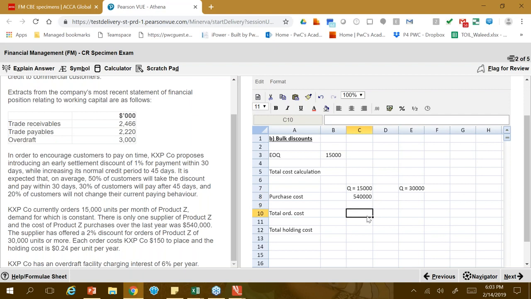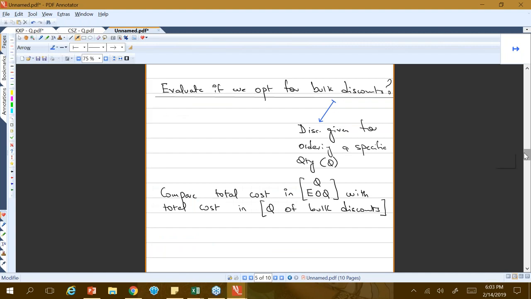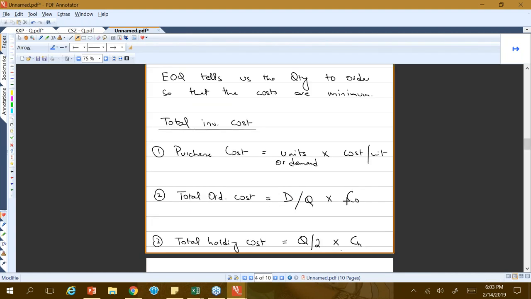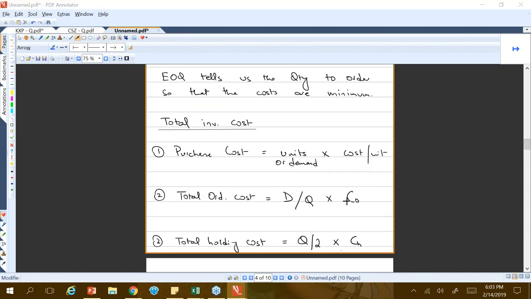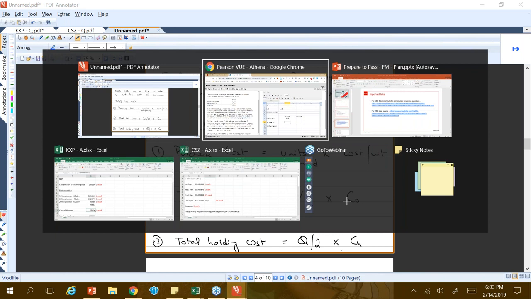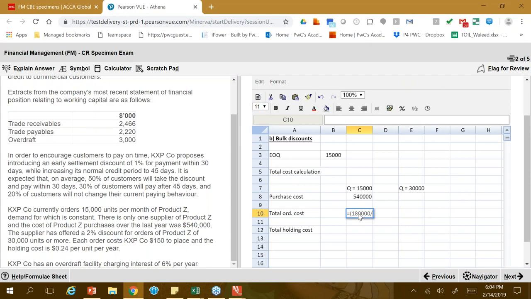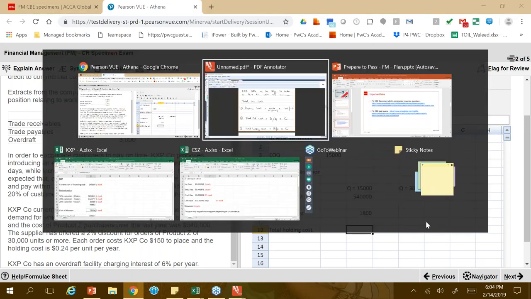How can we find the total ordering cost here? It's D over Q into CO. The D is 180,000, so 180,000 over the Q, which is 15,000, into the C naught, which is 150. How do we find the total holding cost? It's Q over 2 into CH.